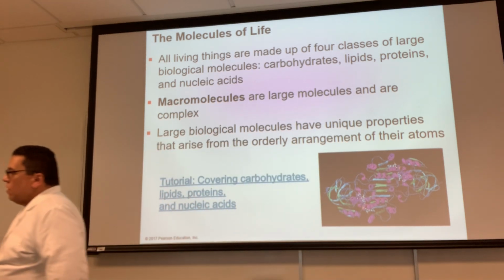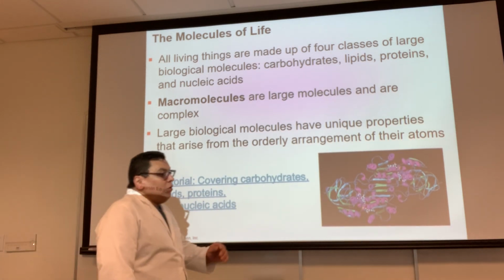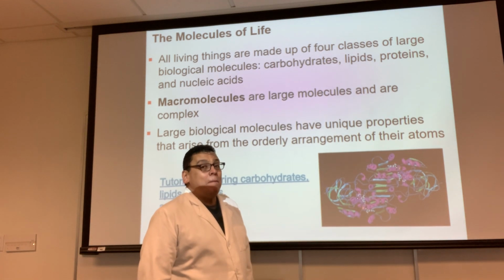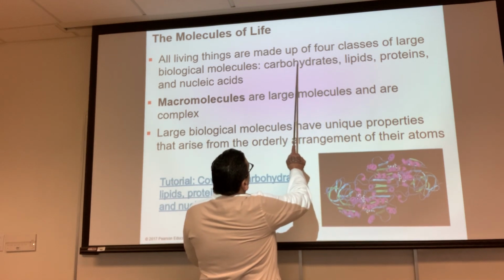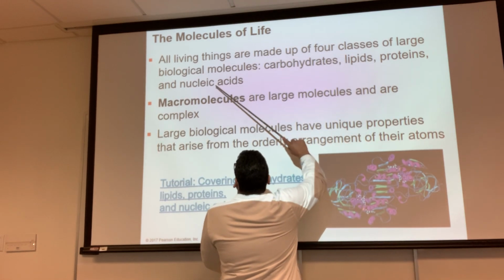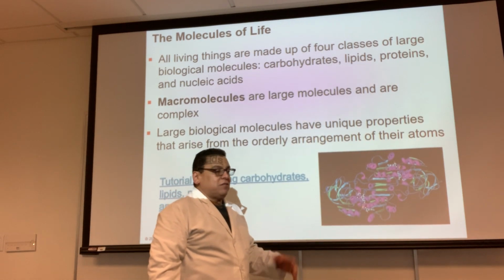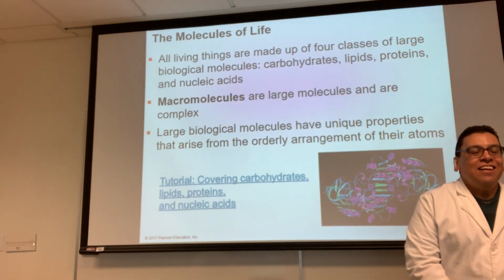It helps you. Now, out of the 4 macromolecules, only 3 of them are made from what is called monomers. And the 3 are carbohydrates, proteins, and nucleic acids. Obviously, I did not point to lipids, so no, not lipids. So what is that?